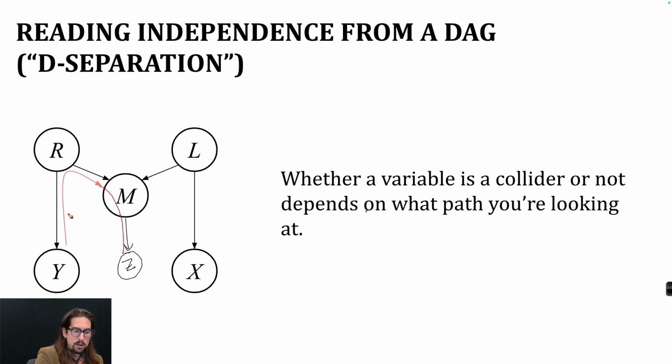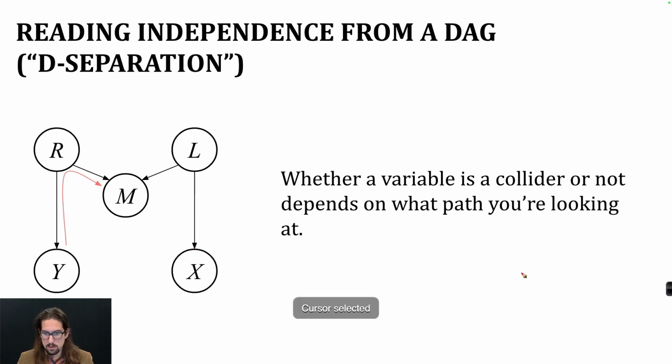M is a collider for the other path that we were looking at, the one that goes like this. Because here, that path goes through this arrow and then out that other arrow that's pointing in the opposite direction. But here, since the arrow points out of M, it's not functioning as a collider. So it's not just that the node has two arrows pointing into it, it's that the path has to be going in one arrow and then out that other arrow that's pointing in the opposite direction. That's what makes it a collider relative to that path.